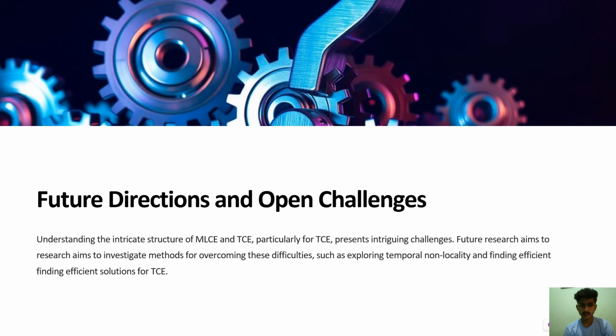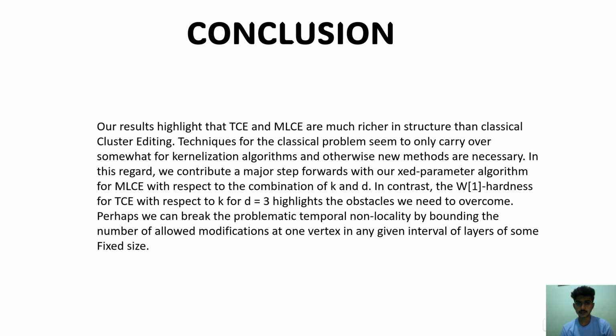Understanding the intricate structure of MLCE and TCE, particularly for TCE, presents intriguing challenges. Future research aims to investigate methods for overcoming these difficulties, such as exploring temporal non-locality and finding efficient solutions for TCE.